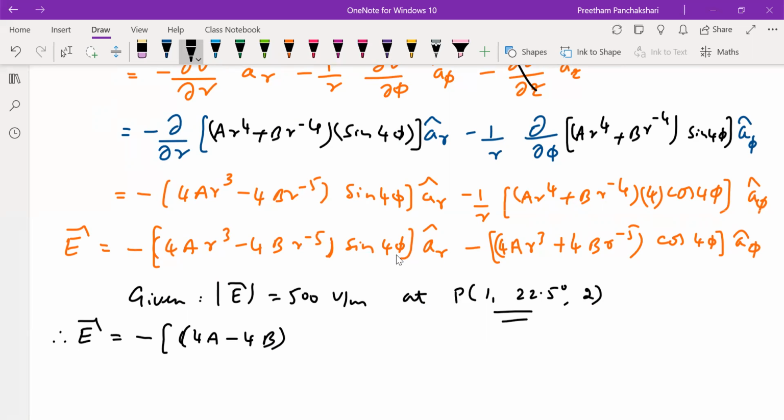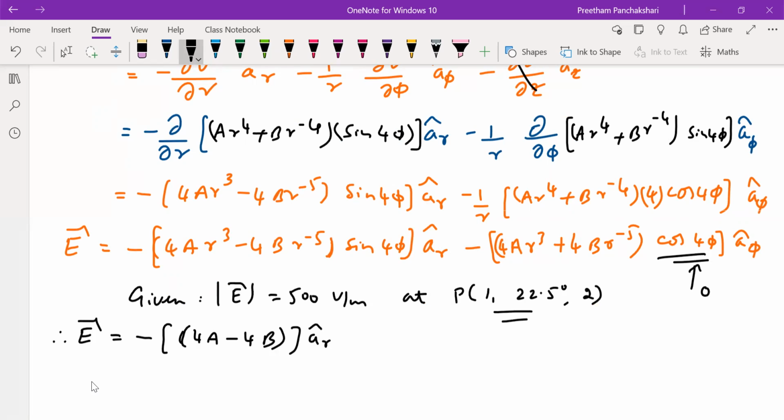Sin 4 phi, as I said already in the previous step, 4 phi value, 4 into 22.5 degrees, 90 degree. So sin of 90 degree is 1. So first term is over. Similarly, let us work out the second term. It is cos 4 phi. So cos 4 into 22.5 degree, that is 90 degree. Cos 90, so this term becomes 0. So the complete second term goes to 0. So now E is very simple mathematically.